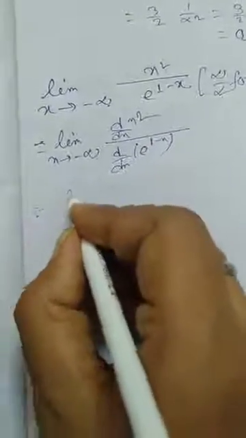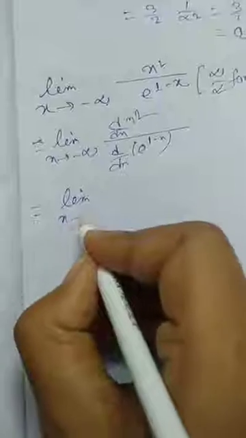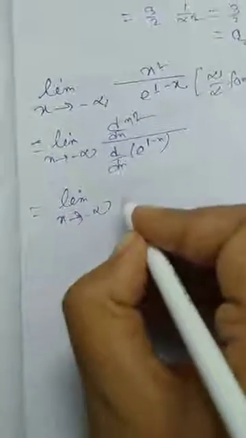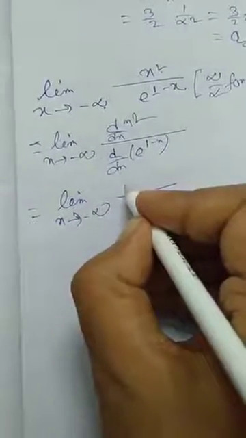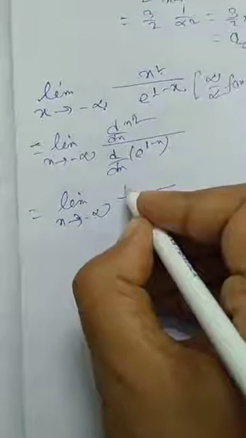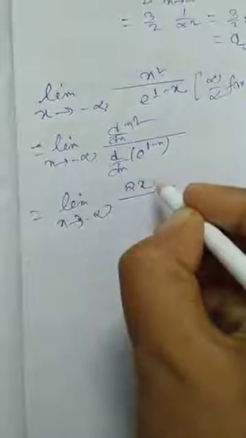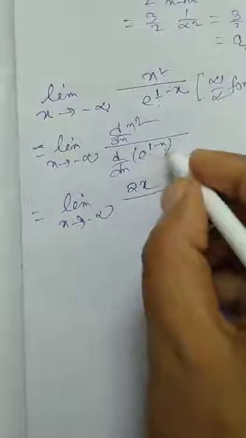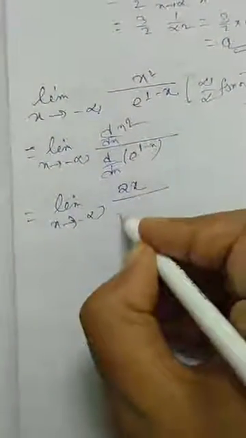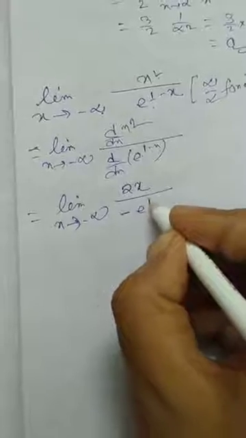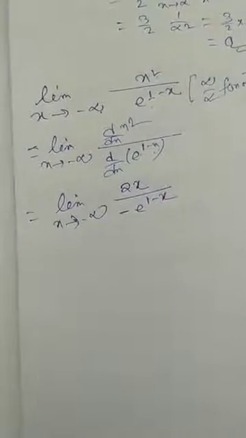We know that derivative of x square is always 2x, and derivative of e to the power 1 minus x, this is very important, is minus of e to the power 1 minus x. Clear?